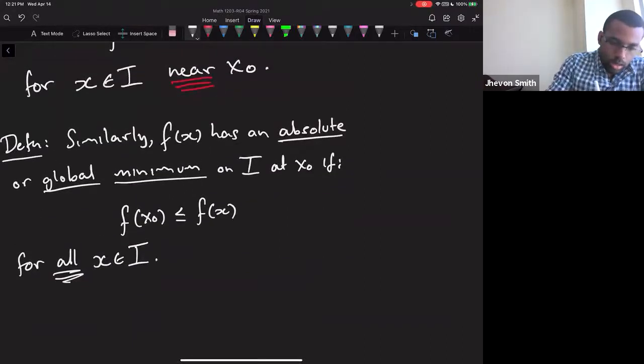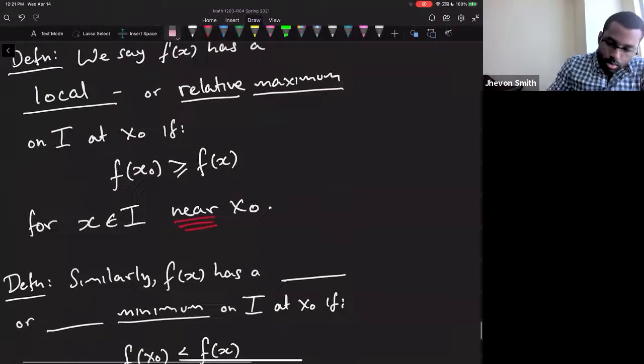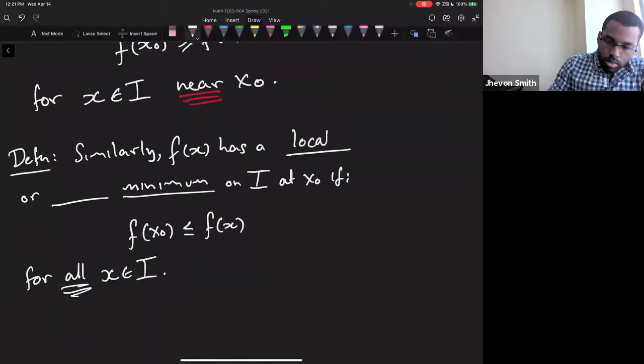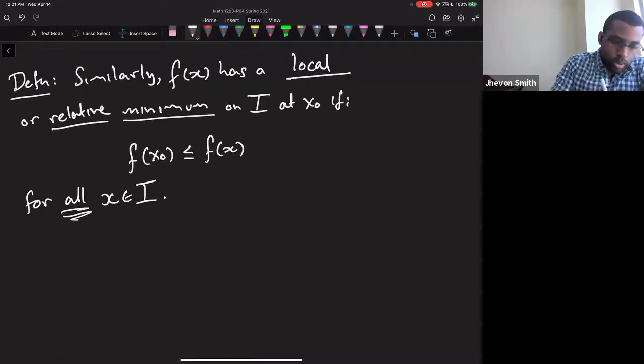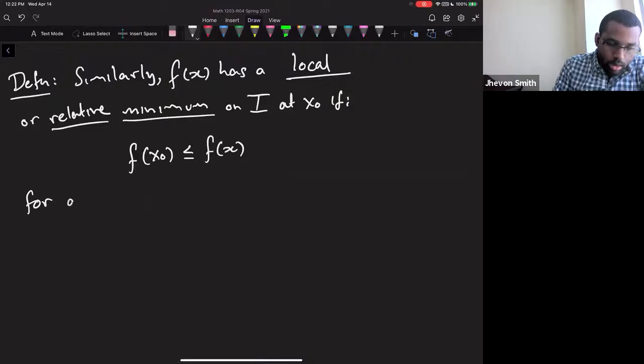Similarly here, we can have a local or relative minimum if its output is smaller than or equal to f of x, again, for x in I near x naught.